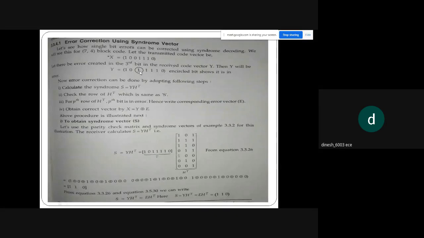And in the receiver, 1, 2, 3, 4, 5, 6, 7 bits are available. Now we consider that the third bit is in error. Physically, by seeing, we can see that the third bit is in error as it is encircled. So how do we do it?